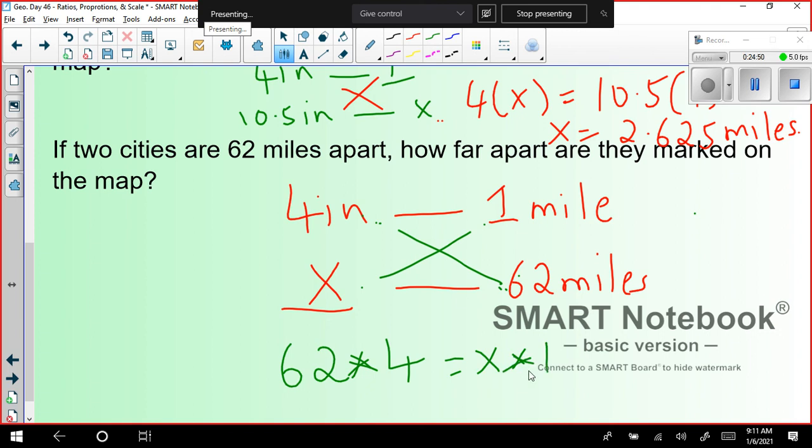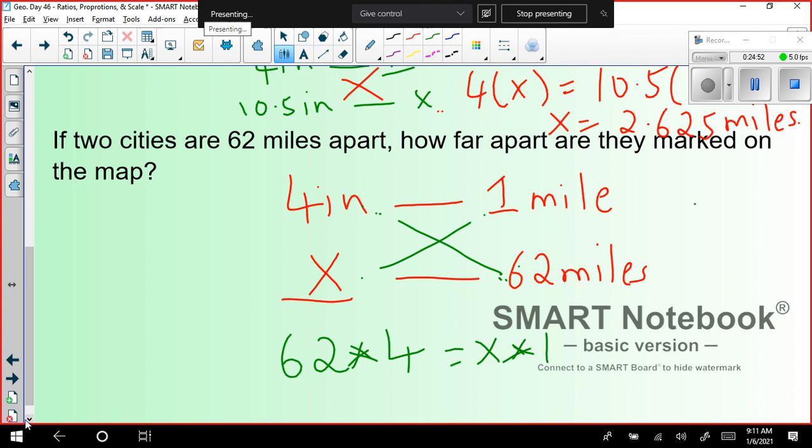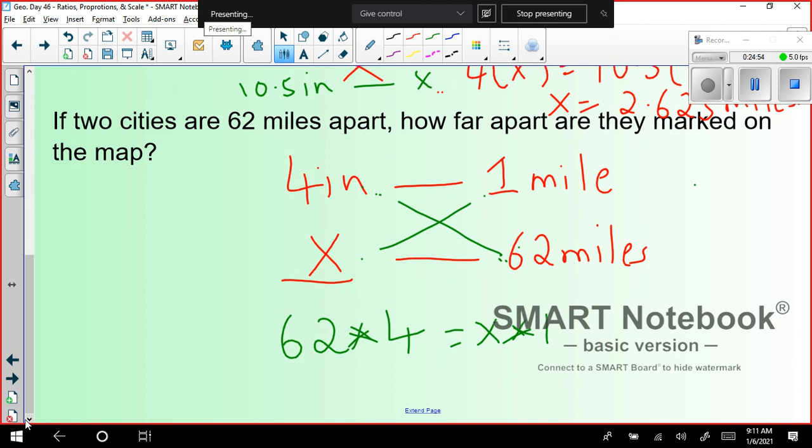Anything multiplied with 1 is the same number, so x times 1 is x itself. Further you can simplify 62 times 4. It's nothing but 248 inches. So the answer is 248 inches.